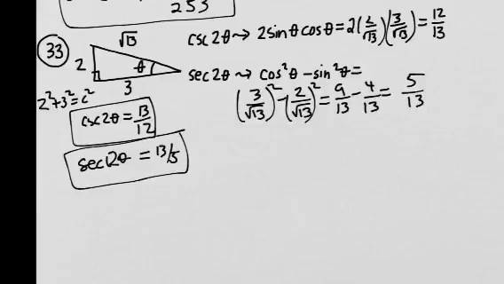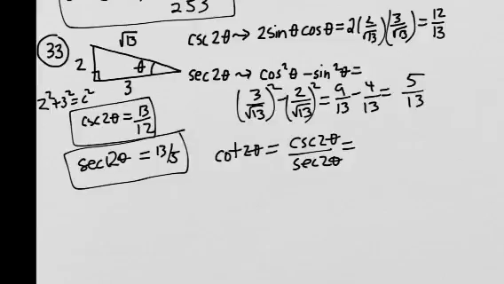For cotangent 2 theta, rather than do the tangent 2 theta, I'm going to take the easy way out. Since I know that cotangent 2 theta is equal to cosecant 2 theta over secant 2 theta, I'm just going to take my previous answers and plug them into this ratio.